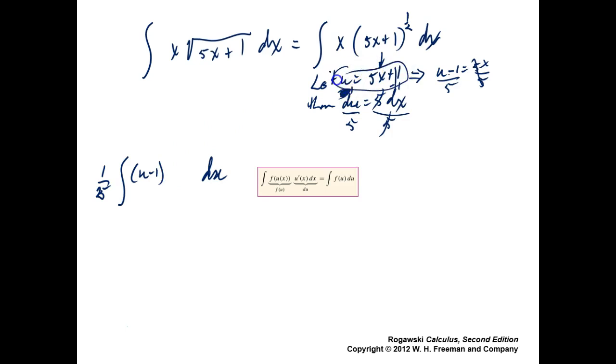Didn't we say this is equal to u to the 1/2, right? This tells us what x is, u minus 1 over 5.